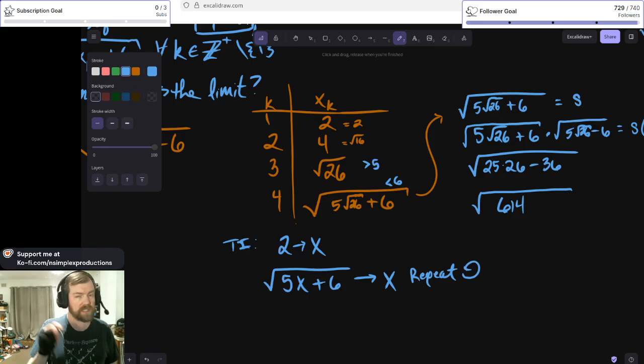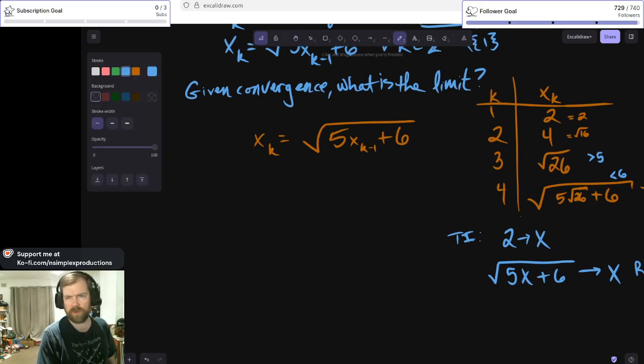If it was 6 times 5, that'd be 30, plus 6 is 36. Take the square root, it's 6. So we could see it cycle around and find itself again and again and again. So you can intuit your way through these questions. It's just not really recommended.